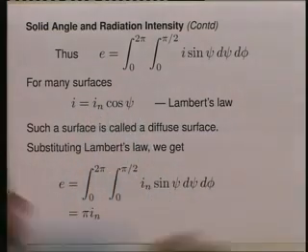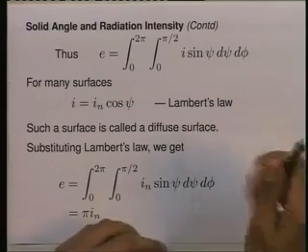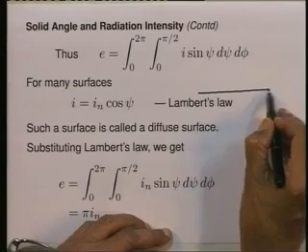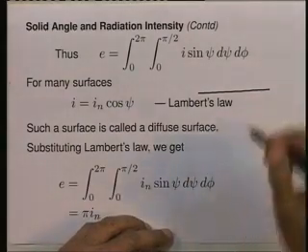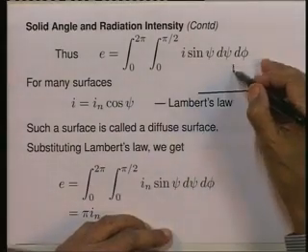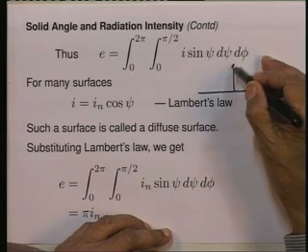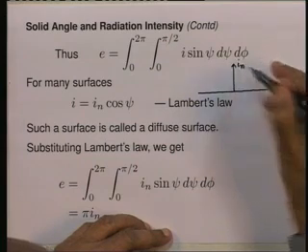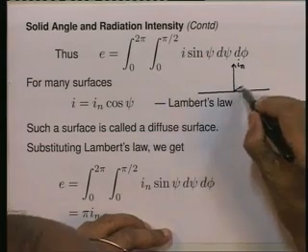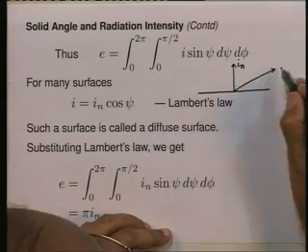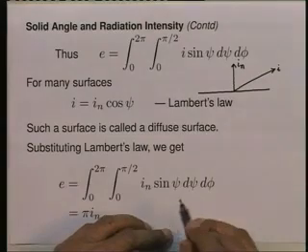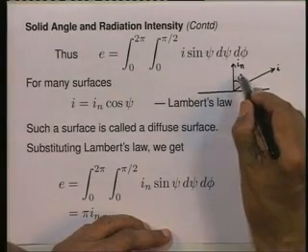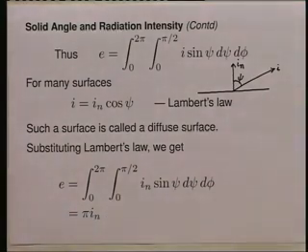If I have a surface, and this is the normal direction, the intensity in the normal direction is I n, and the intensity in any other direction is I. Let us say that direction makes a zenith angle psi with the normal.